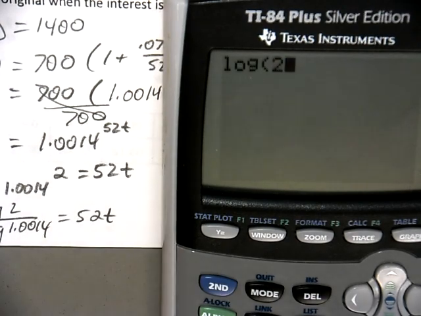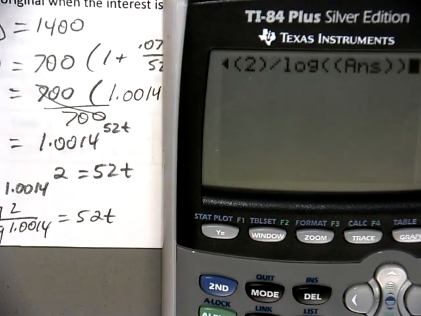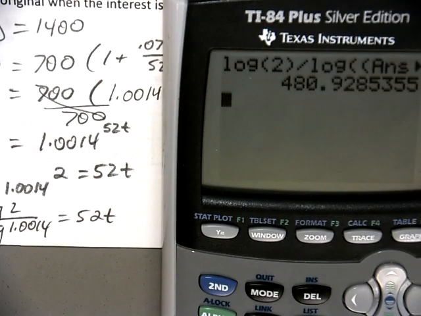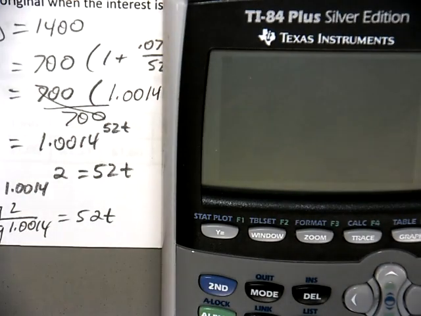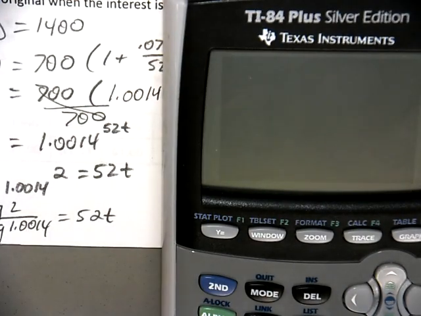So the log of 2 divided by the log of our previous answer, and we get the answer of, I believe that's right. Now I'm just nervous. Was our answer really that? I might not be correct on that. Let's hang on a second. Let's go back and get that.